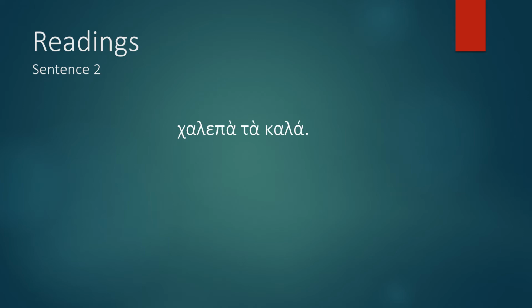Kala is an adjective, but this we would call a substantive adjective. A substantivum is the old-fashioned Latin term for something which is a noun. So this is a nouny adjective. Ta kala, the good blank, the good something.